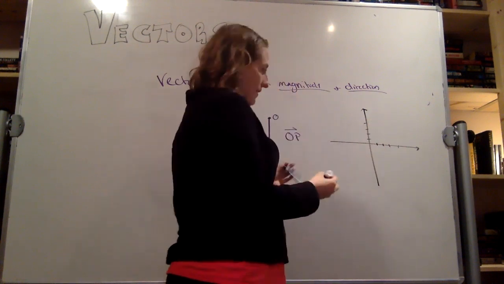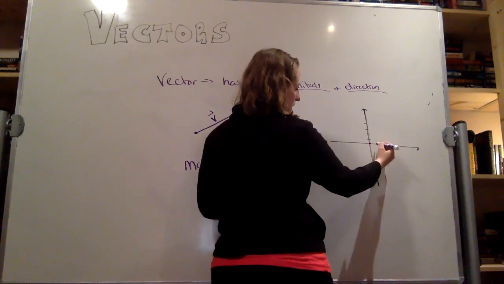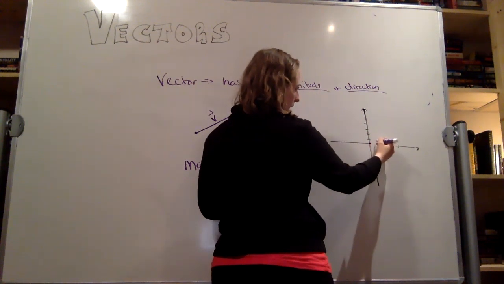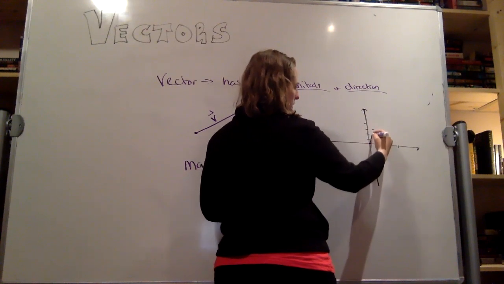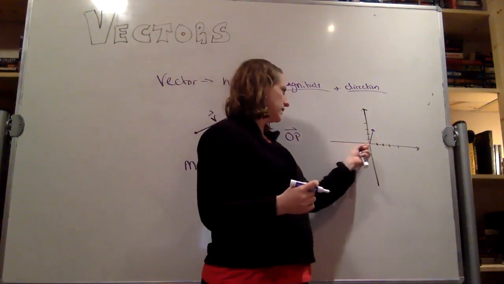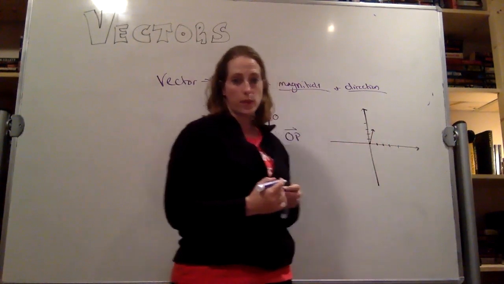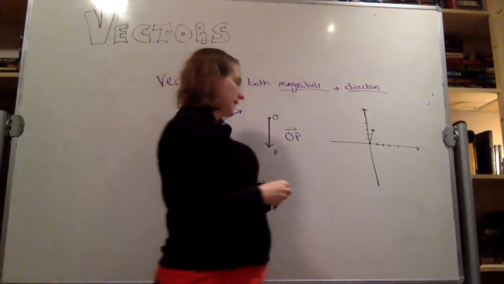I could think about having a vector that has an initial point here at 0, 0, and an ending point, say here at, we'll go 1, 1, 2, 3. So again, this vector has its initial point at 0, 0, and it has its end point at 1, 3. Okay, and it's fairly easy for me to see that vector.